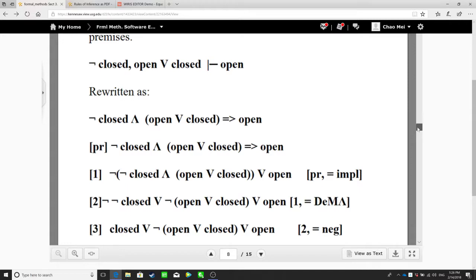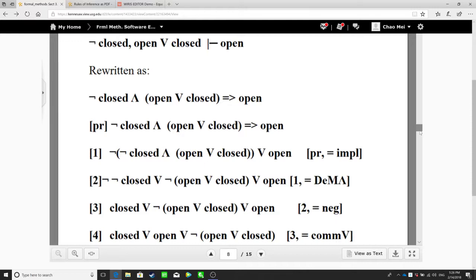Here it's the same. We want to prove open is true through negation closed and open or closed. The most critical part is this. We change this imply to an or, and then we put a negation in front of basically all the premises.